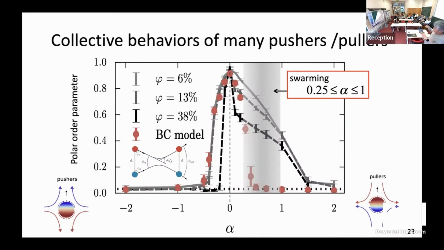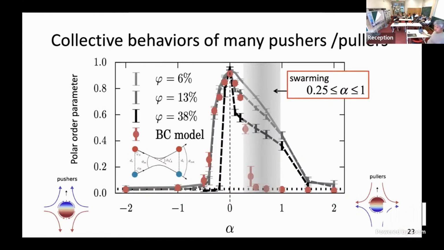We changed the initial configuration many times. Then we constructed an overall collision rule for a specific value of alpha. Then we used that collision rule, a kind of map, to reproduce the final state, which is plotted here as a red dot.